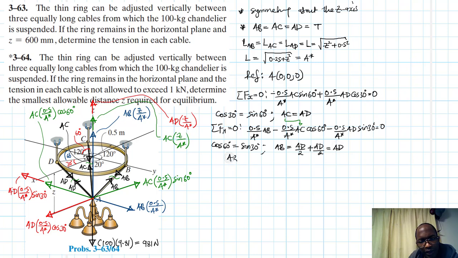Therefore, AB is equal to AD, which is also equal to AC. We are just proving this point.